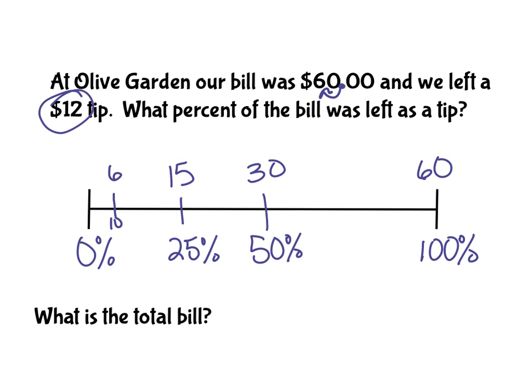So if we double the 10%, whoops, that should be a 20. We get 20%, and there's 12. So 20% tip, that's the first part of the problem. And then the total bill is $60 for the bill, $12 tip, added together, $72.